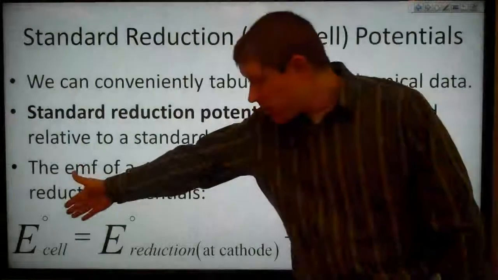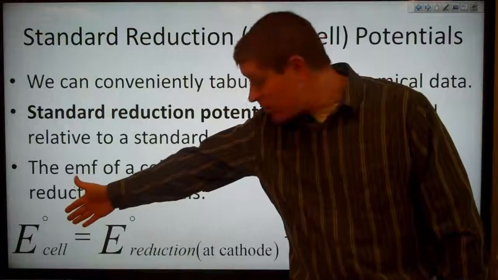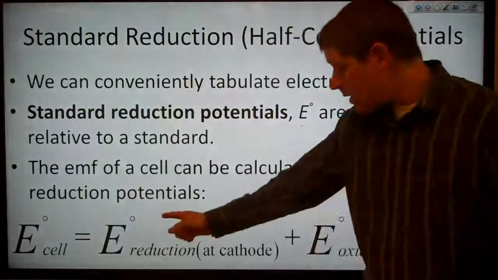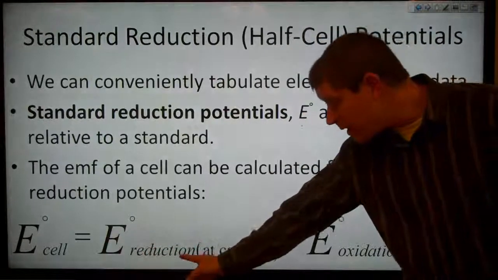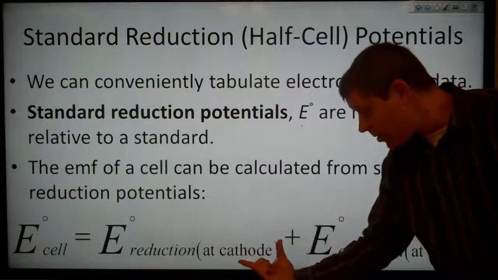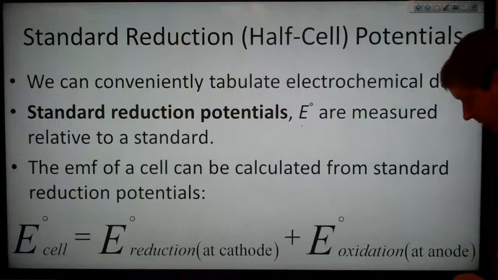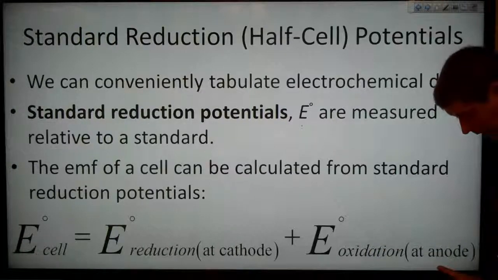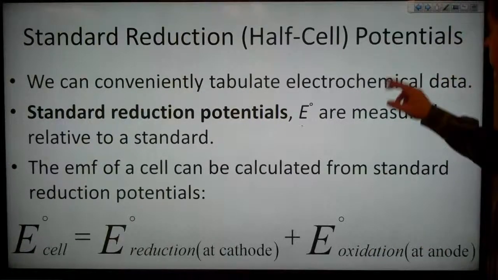So then the complete cell potential at standard conditions, so E cell naught, is equal to the reduction standard potential, so this is at the cathode, plus the oxidation standard potential, this is at the anode there.